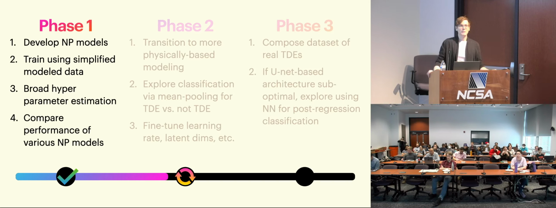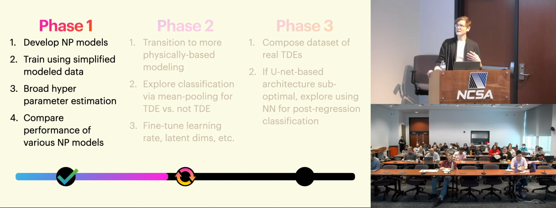Okay, so my project can be sort of loosely broken up into 3 phases. The first one is to effectively put together a neural process model or a set of neural process models. Neural processes have not been really used often in astronomy, particularly. The context is generally geophysics or biomedical situations currently, so there isn't a lot of examples to go off of.